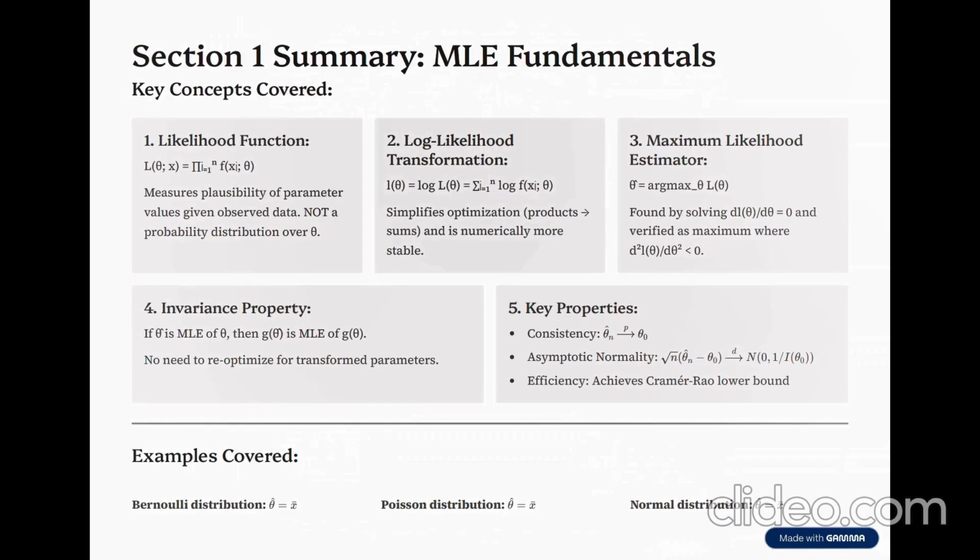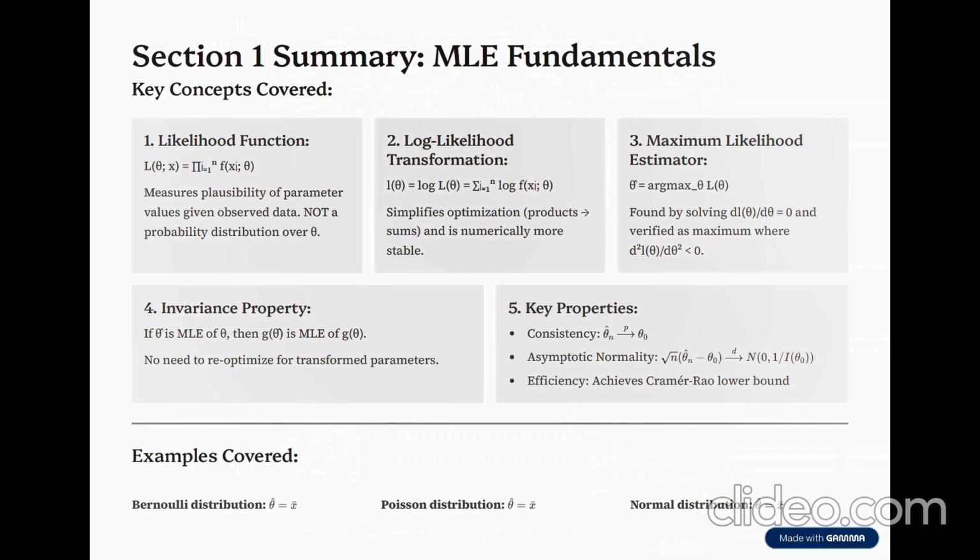Summary. In this section, we established the fundamental pillars of maximum likelihood estimation. We began by defining the likelihood function to measure parameter reliability. Then we moved to the log likelihood to simplify optimization through summation.